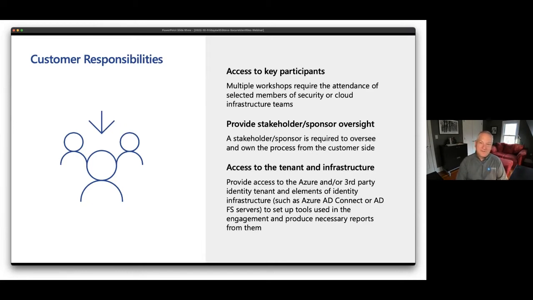Oftentimes it was because the stakeholders were really excited and saw the value, but executive sponsorship wasn't there. I've also seen vice versa, where executive sponsors, maybe a CIO, have a vision, but there's a disconnect between them and staff. So having that alignment, having access to key participants, being able to schedule these times and work together is so key.